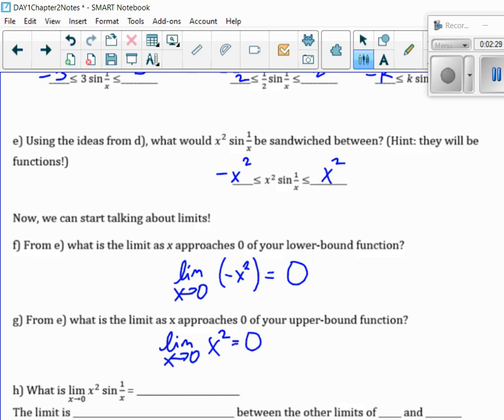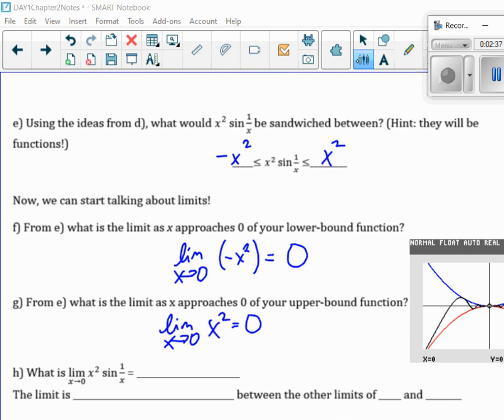So let's actually physically graph this just to see. So I'm just going to pause. So graphically, you can see that x squared sine 1 over x is sandwiched between the positive x squared and the -x squared. Does everybody see that?